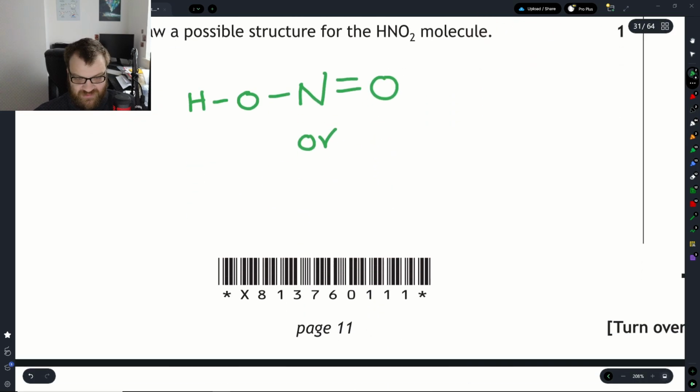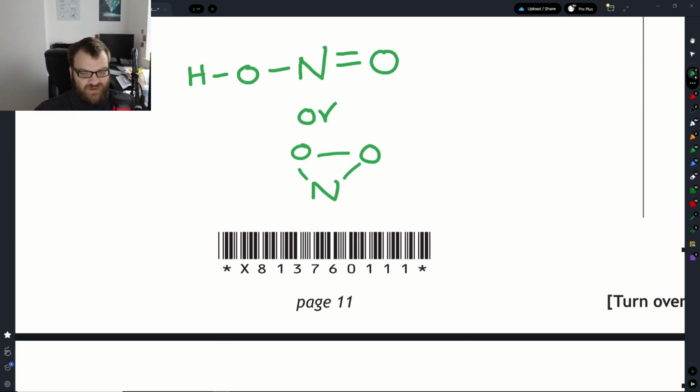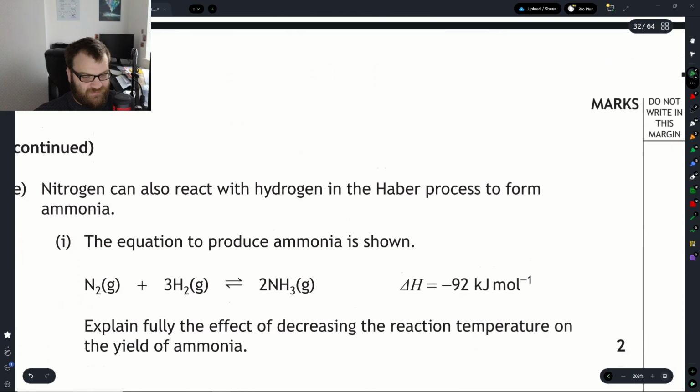Another option, we could maybe do it in a ring. Nitrogen, oxygen, nitrogen. Oxygen's making 2 bonds, both of them. This one's making 2, so in here. As long as the nitrogen has 3 bonds, oxygen 2 bonds, hydrogen 1, you're fine.